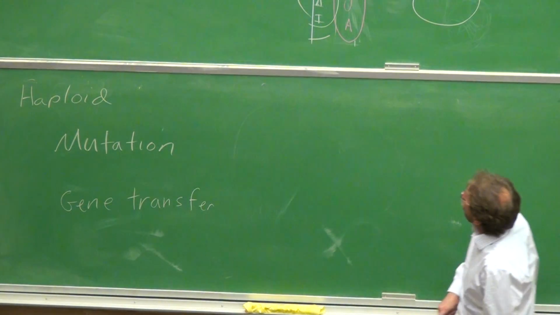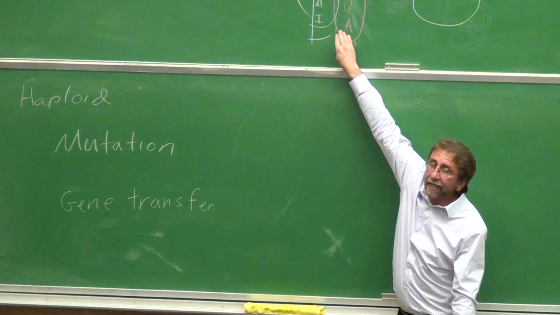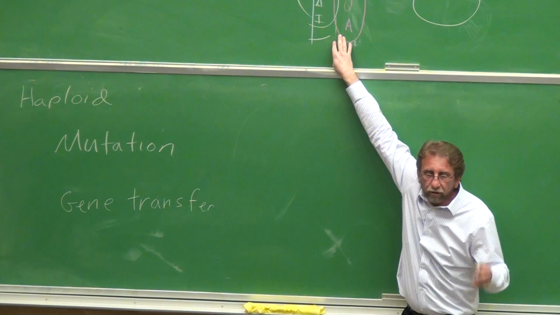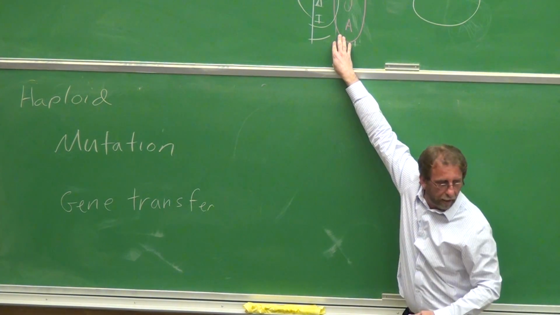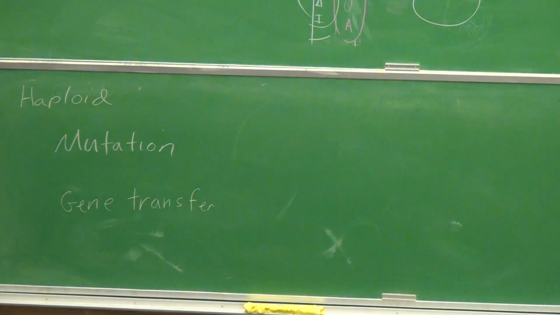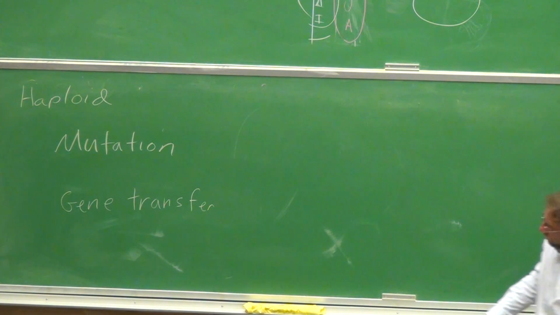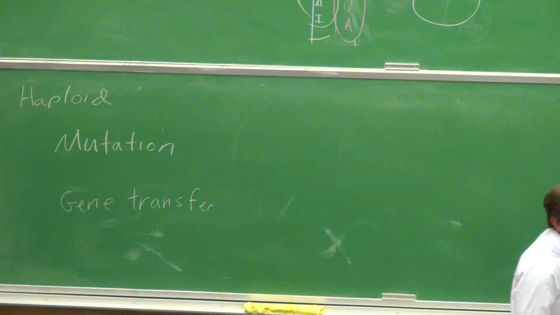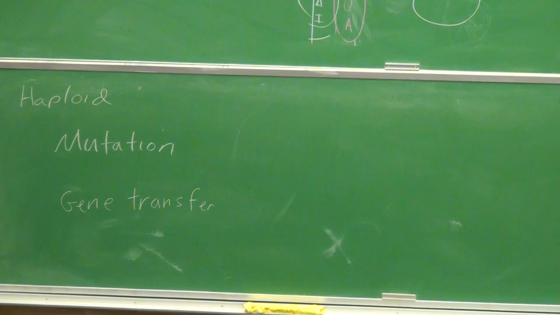With mutations, we are actually talking about changes that take place in the nucleotide sequence. And then those changes, of course, would be passed on to each and every generation after that. With gene transfer, we're talking about picking up genes from the environment, or from viruses, or from some other microbe.